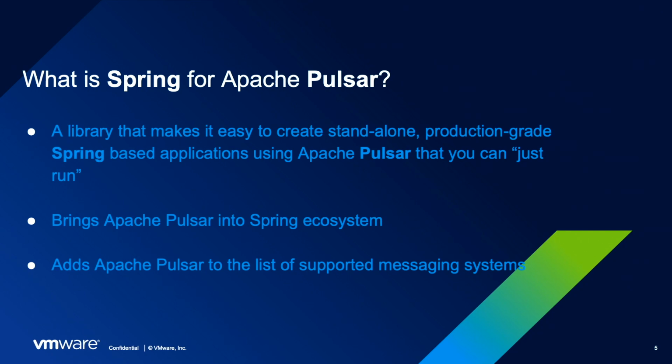In the case of RabbitMQ, we have RabbitTemplate and a message listener container. And these days, Spring for Apache Kafka provides the same sort of design patterns, like KafkaTemplate and the message listener container, through handy annotations like @KafkaListener and things like that. So Spring for Apache Pulsar brings the same kind of flavor to the messaging needs of your application.